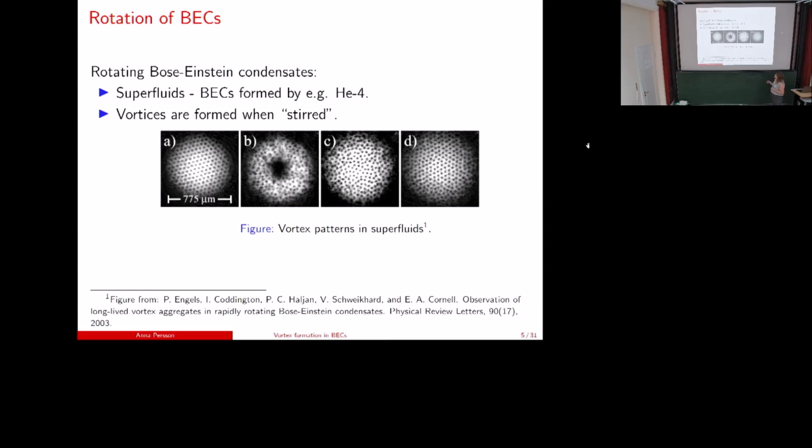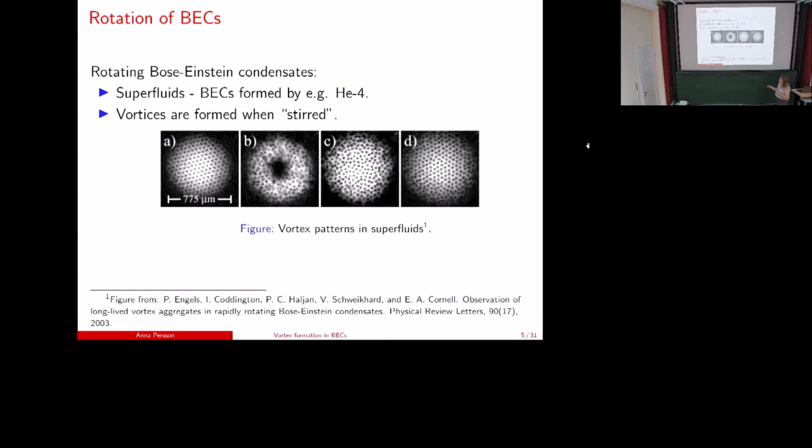And of course, you don't use a spoon to stir. Usually it's some kind of magnetic trap, or you use a laser beam to stir it. Here you have the formation of the vortices, and then you disturb it a little bit by shooting it with some laser, I think. And then it finds its way back to its ordered vortices.